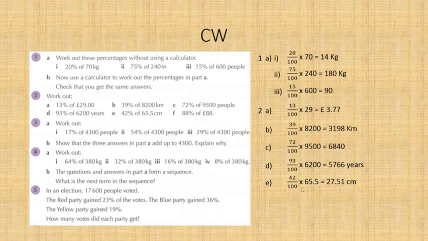So I will just put that in the calculator and the answer is going to be 27.51 centimeters. And question number F, 88% of 88 pounds. So it's going to be 88 over 100 times 88, which equals 77.44 pounds.